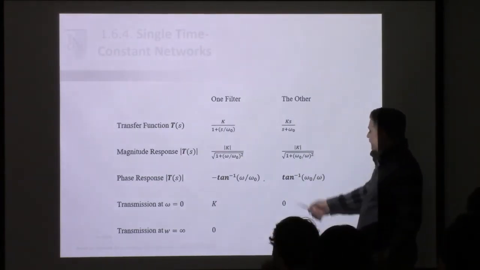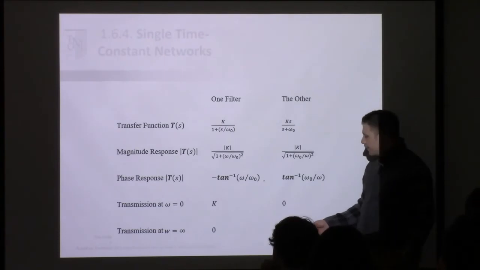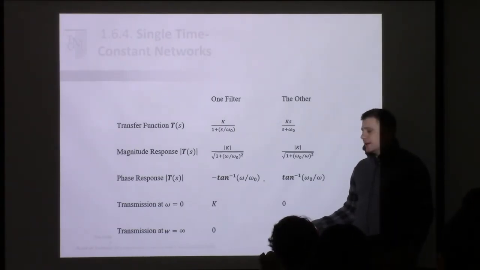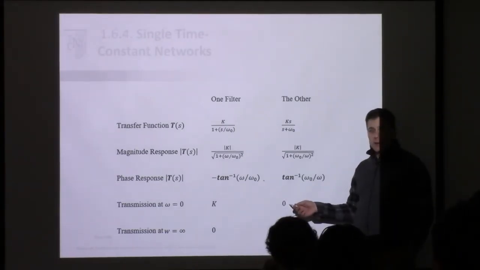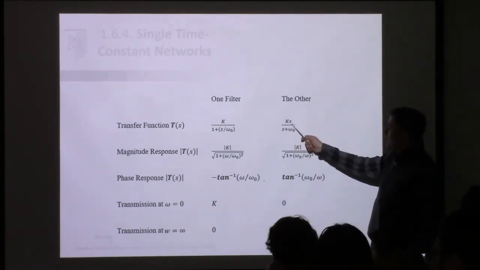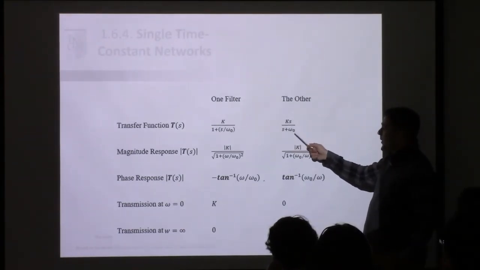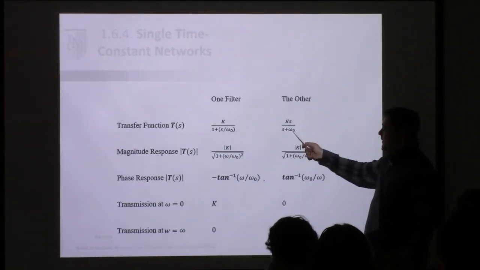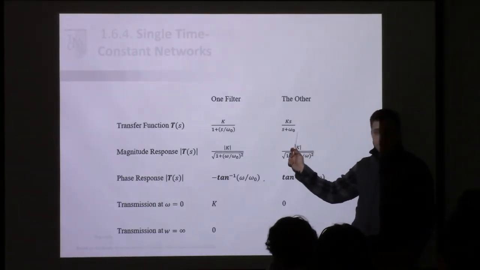Over here, similar sort of setup, except our K, instead of meaning the transmission at very low frequencies, which will be 0 for a high-pass filter, this is the transmission at very high frequencies. So we have Ks over S plus omega 0. S, again, is j omega. Omega 0 is still our cutoff frequency.